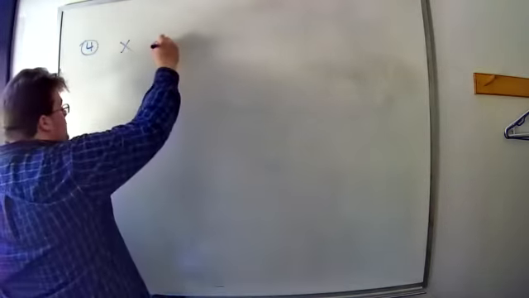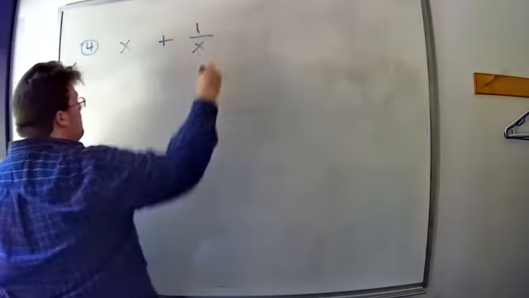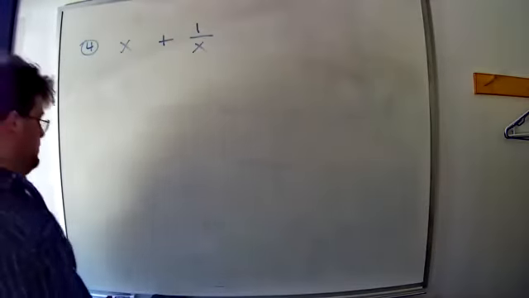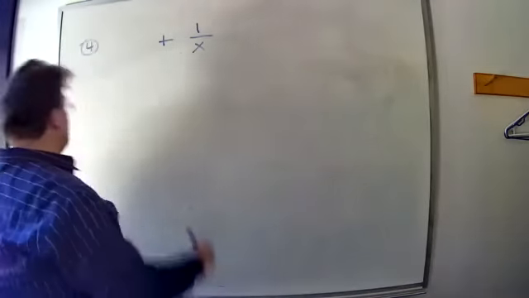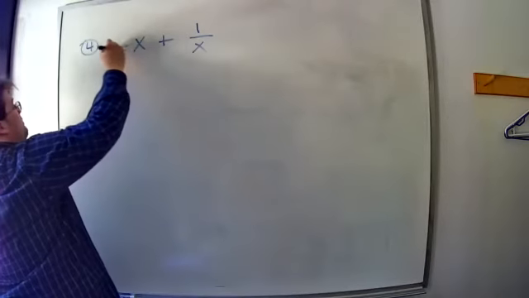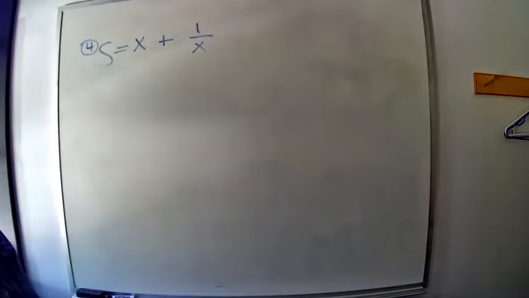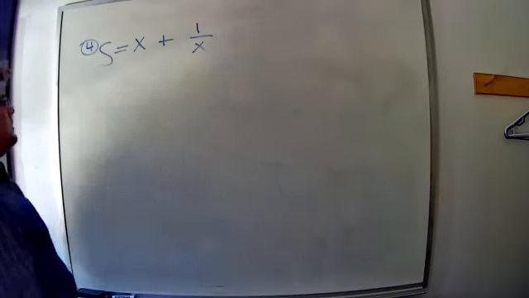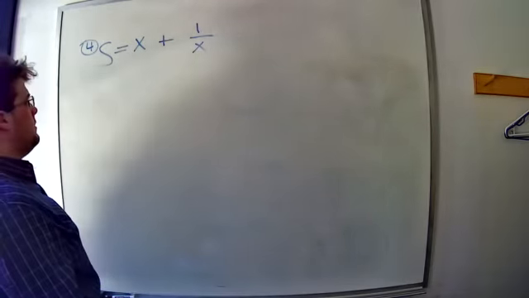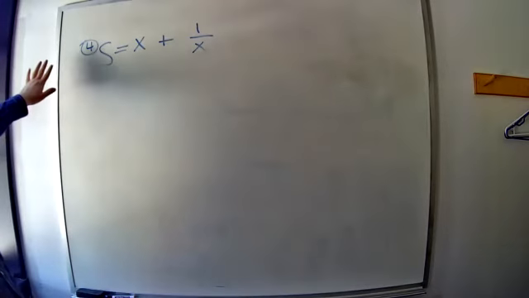What's the sum of it and its reciprocal? x plus 1 over x. And we want to make this sum as small as possible, so I'm going to call that capital S for future derivative notation. So we want to minimize this function. Any questions about finding the function we want to minimize?